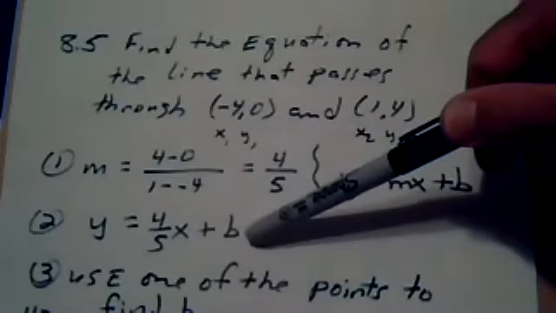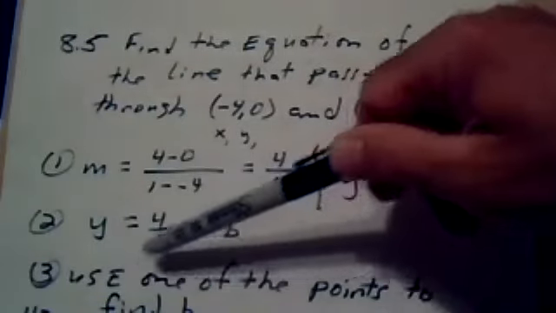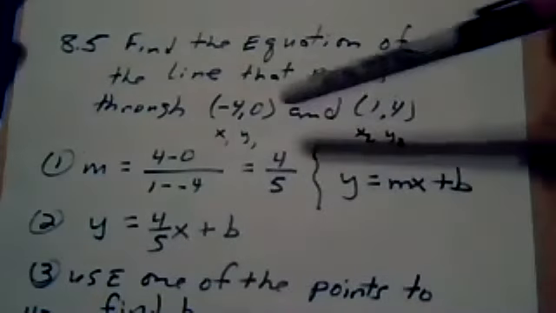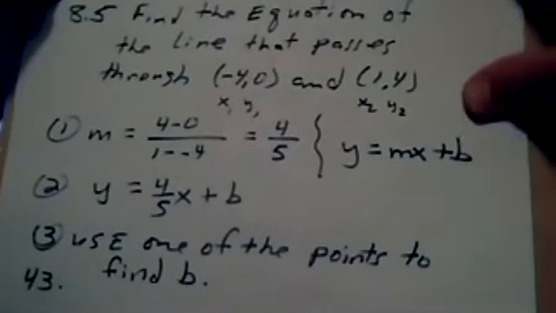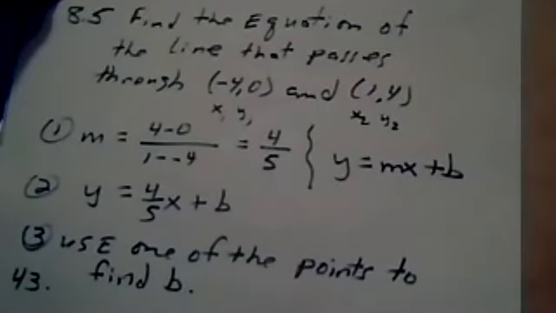To find the b, you're going to use one of the points. It doesn't matter which point, this one or this one. So use one of the points to find the b.